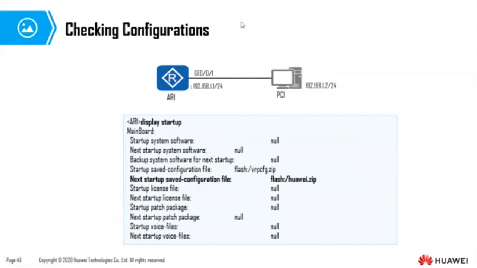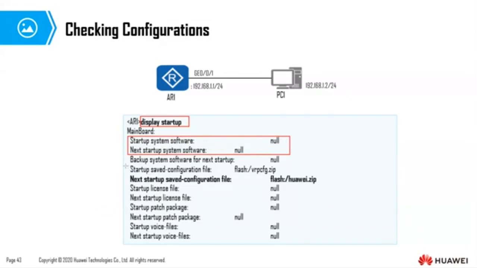So how do you check the configuration that is going to be run during the next startup? You use the command display startup. So here, there are a few things that you can see. For example, the system software that is being used, or the one that will be used in the next startup.